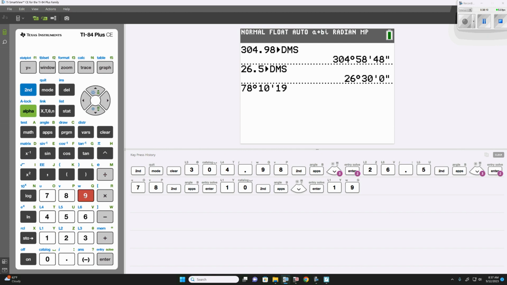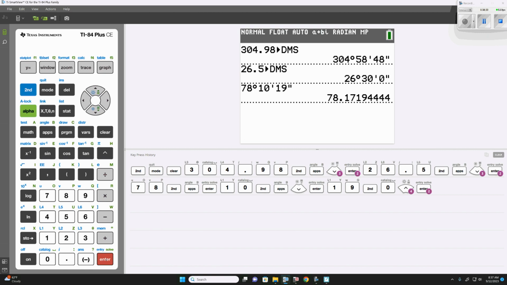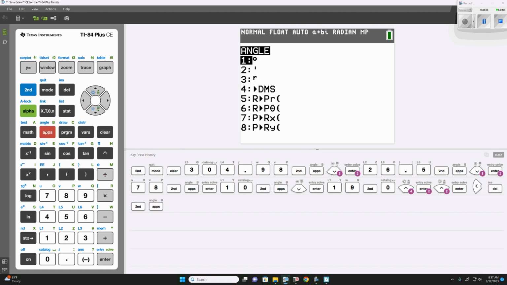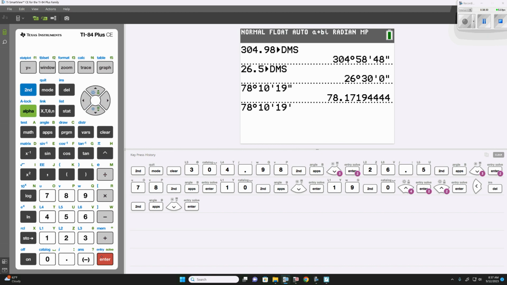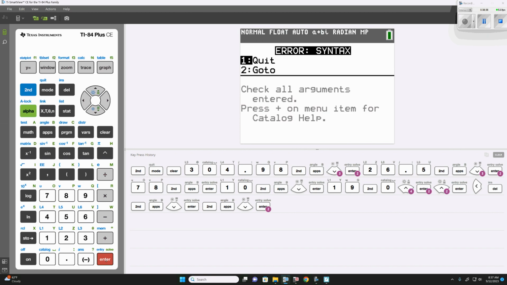Now seconds, we have to go second catalog, second 0, and I would scroll up, and we get this here. Now one thing I'm interested to see, I don't know if it'll let us do this. Nope.